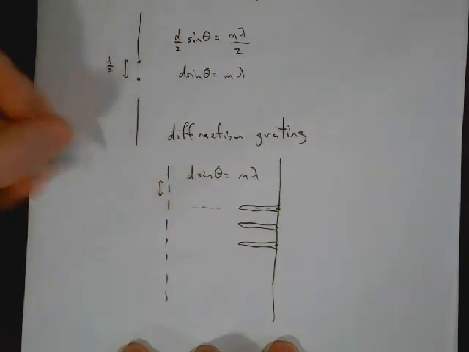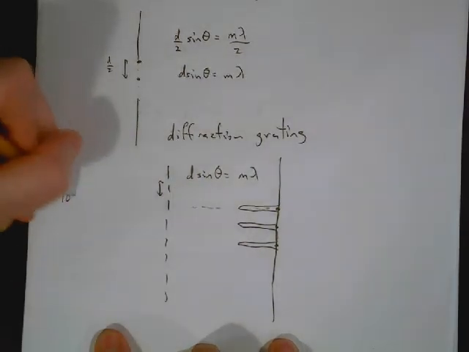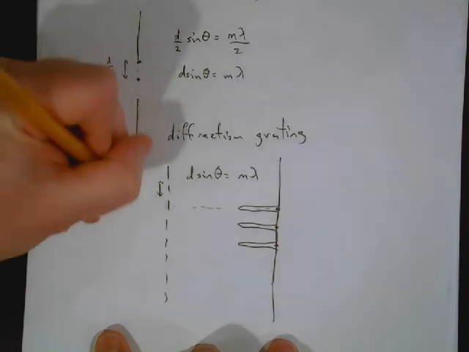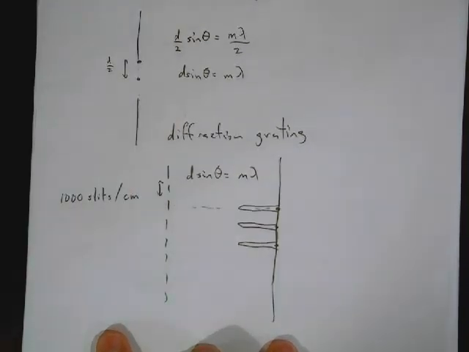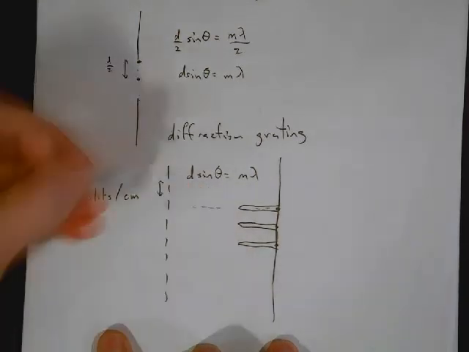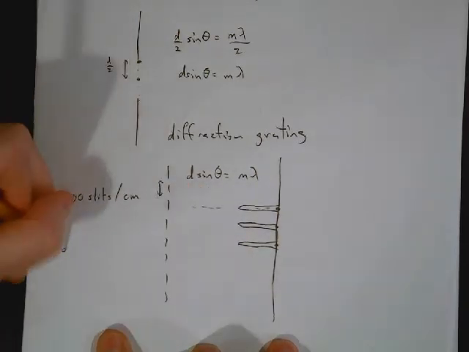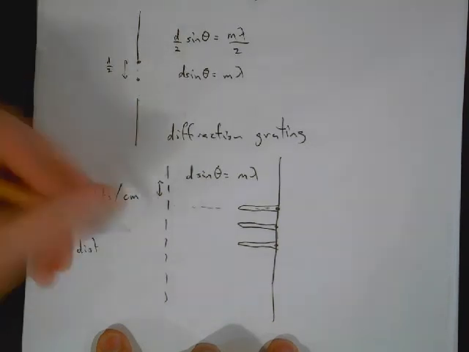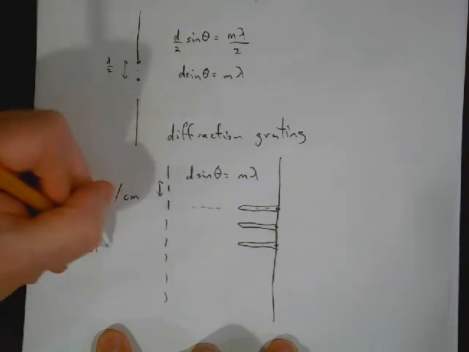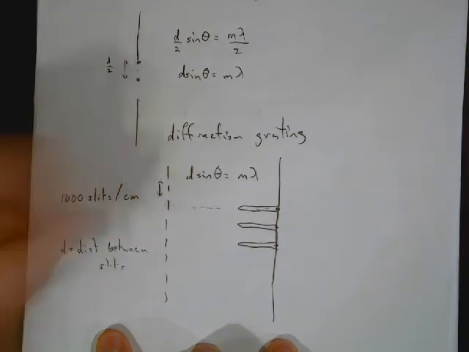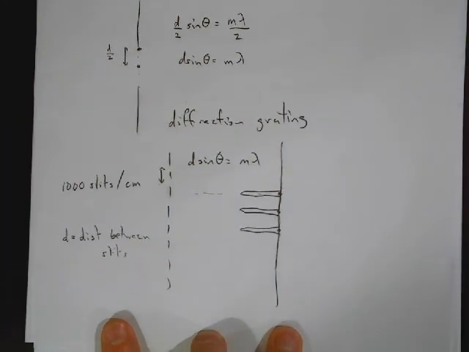The only thing you have to remember with diffraction gratings is that a lot of times they say you have 1,000 slits per centimeter. Okay, well, if I have 1,000 slits per centimeter and I want to know d, d is defined as the distance between slits.